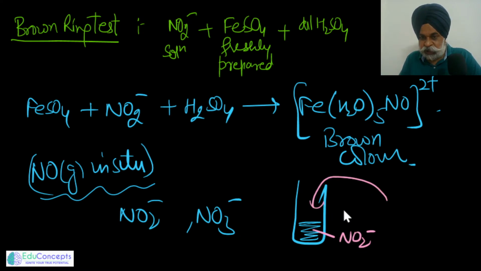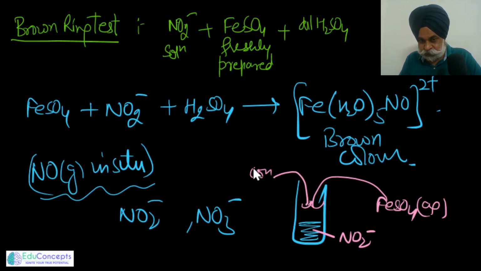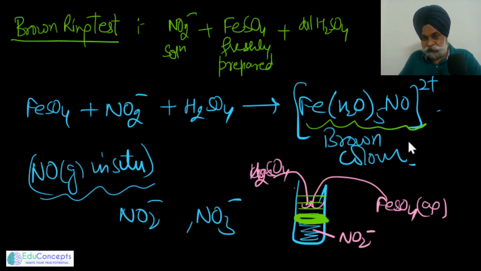Into this you add ferrous sulfate from one side, aqueous ferrous sulfate freshly prepared, along with dilute sulfuric acid. So what would happen, as these are falling here, somewhere here a brown ring is generated, and that brown ring is because of the formation of this particular complex. So that is what you call the brown ring test.